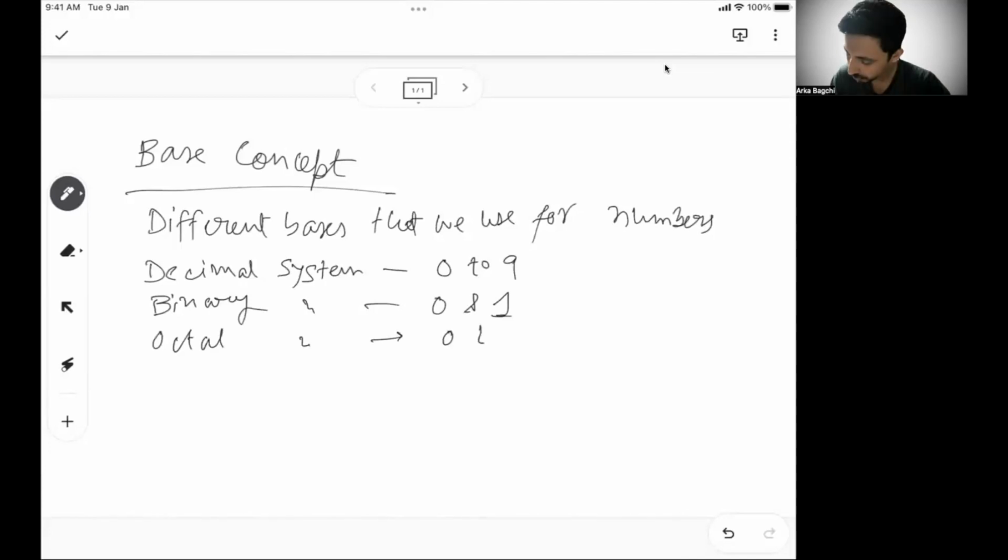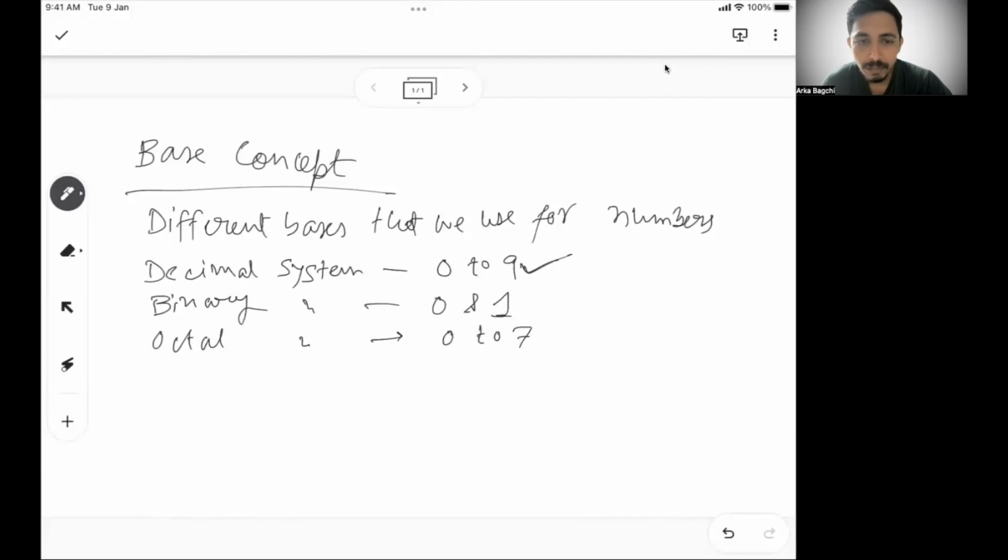So 0 to 7, 0, 1, 2, 3, 4, 5, 6, 7. That is called an octal system. We primarily deal with a decimal system, and that's where 99% of our problems hover, and most of your problems in CAT will be based on decimal system numbers only.